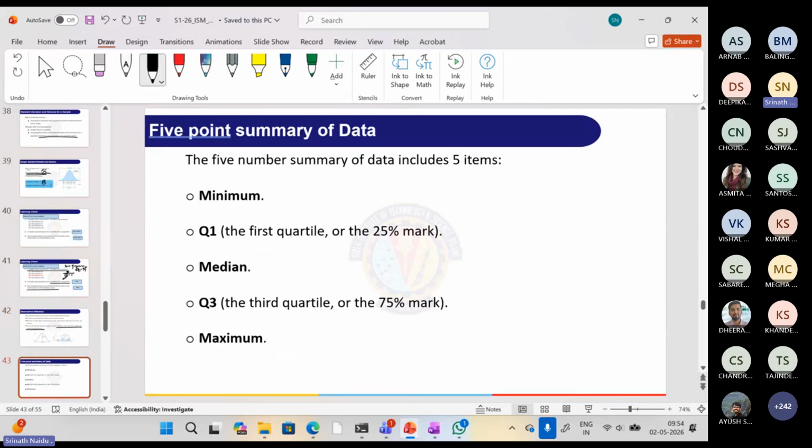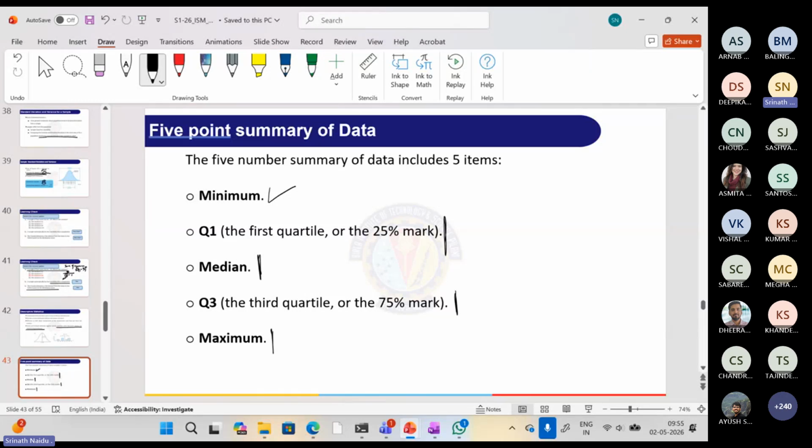Now there's something called a 5-point summary of data. If somebody gave you data of n items, how do you identify the 5-point summary? You have the minimum, then Q1, the first quartile or 25% mark, then the median, then Q3, the third quartile or 75% mark, and then the maximum.